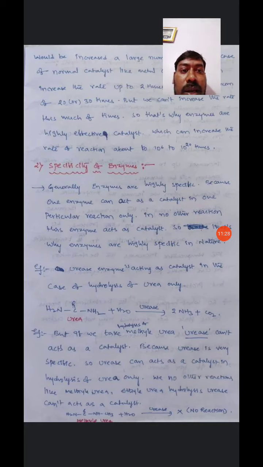For example, the urease enzyme acts as a catalyst only in the hydrolysis of urea.